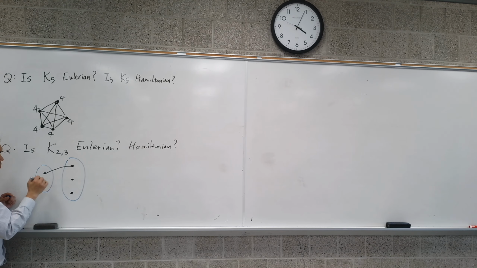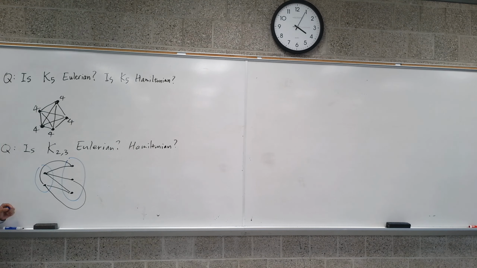So this point cannot be connected to this, but this is allowed to connect to other ones. And when you have K something, that means the maximally connected graph. So this one should connect to every one of these, and this one should also connect like that.